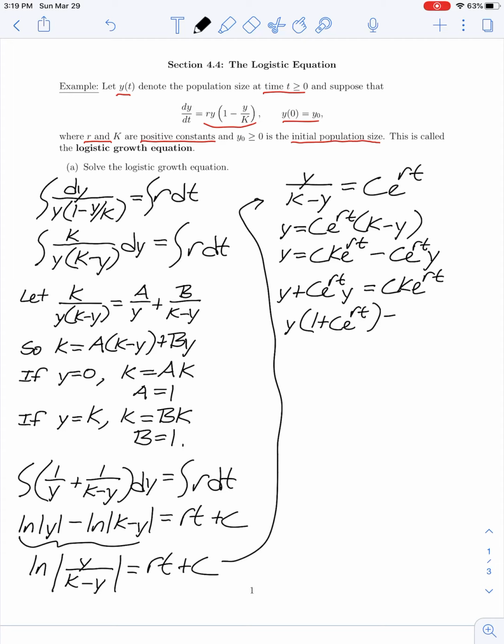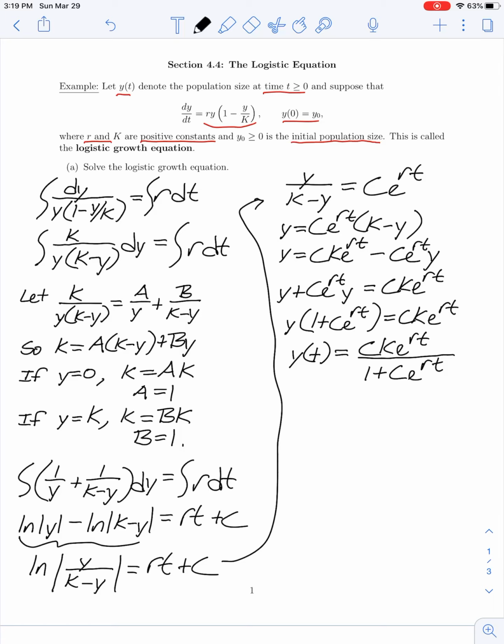So on this left-hand side of our equation, we can factor out a y. We're left with 1 plus c e to the rt is equal to ck e to the rt. And so solving for y, we have y as a function of t is ck e to the rt divided by 1 plus c e to the rt.